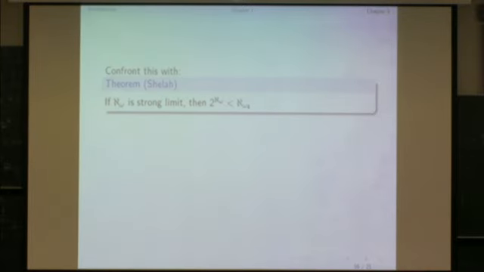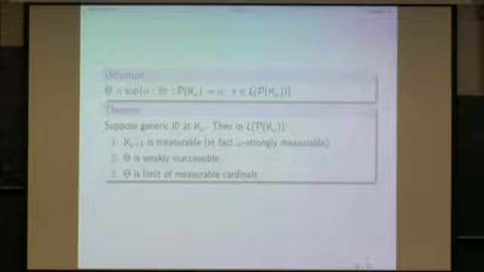Now, confront this with the famous theorem by Shelah that we use in PCF theory, which in fact gives a very strict bound to 2^Aleph_omega. Now, this is with choice. Without choice, this is going to blow up 2^Aleph_omega a lot. So it goes in a completely different direction.